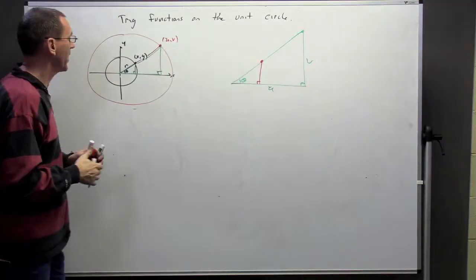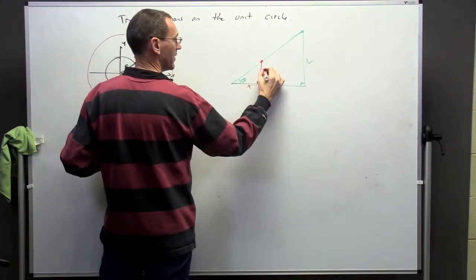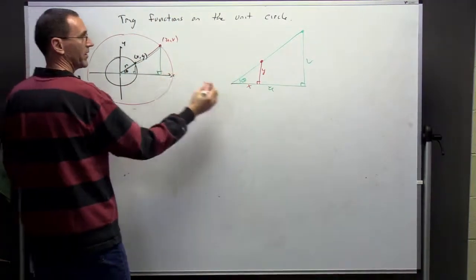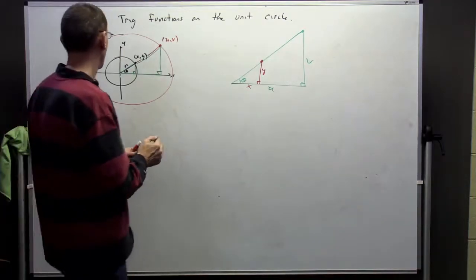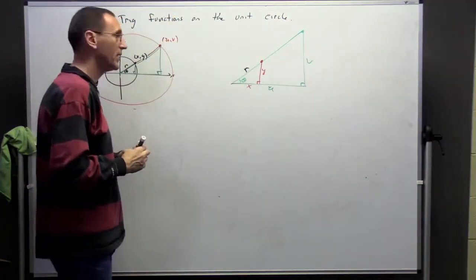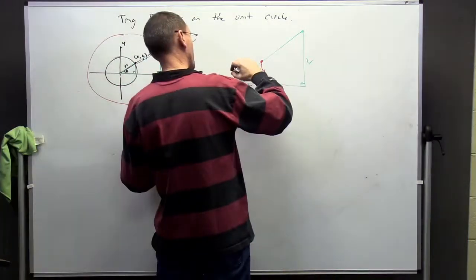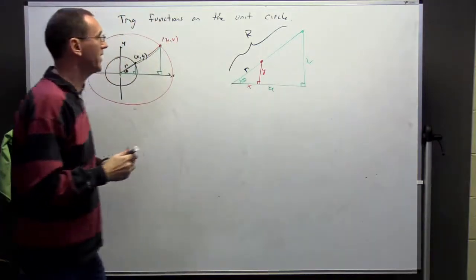That coordinate is x, y, so that means the distance from here to here is x, and the distance from here to here is y. And now here's a key thing. I called this distance here r. This is another circle, a bigger circle. Let me suppose it has a radius capital R.